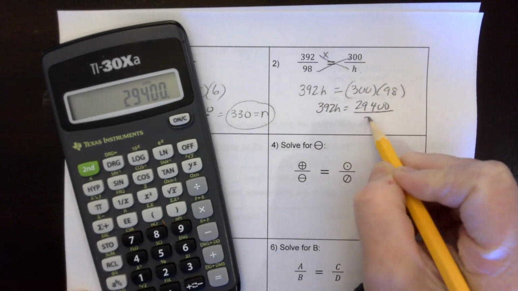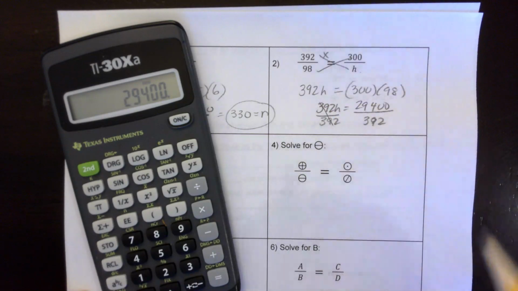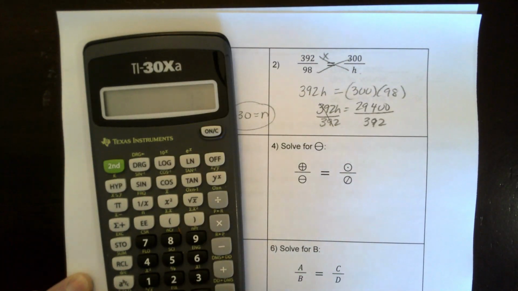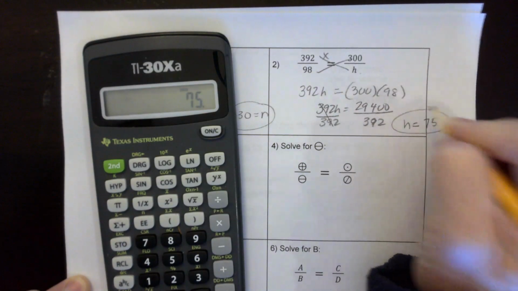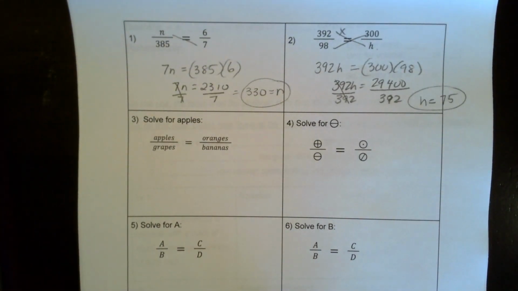Dividing both sides by 392, we're going to get h is equal to 75. Okay, so those are fairly straightforward examples of what you would have seen in a math class in some previous course.